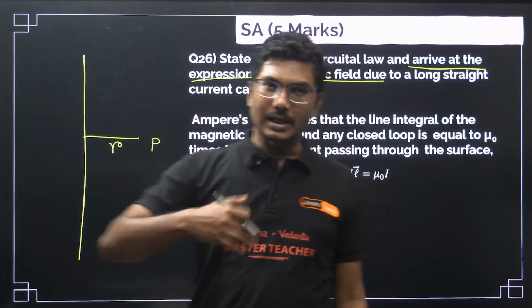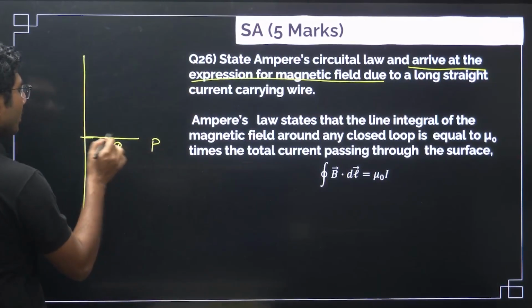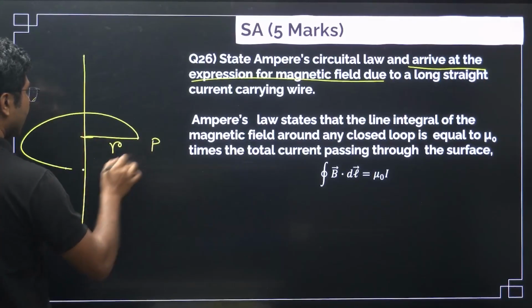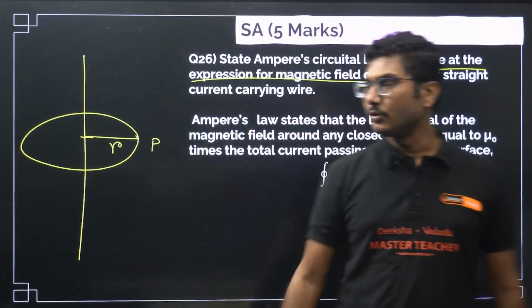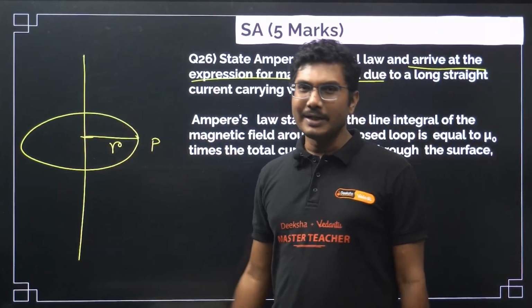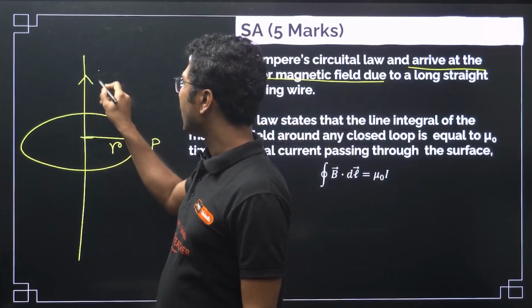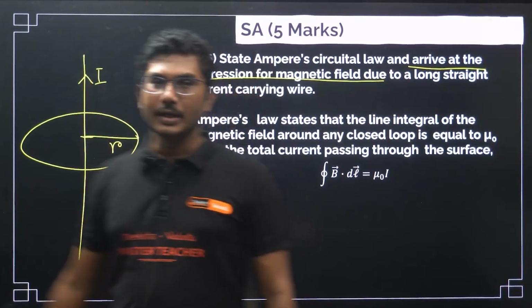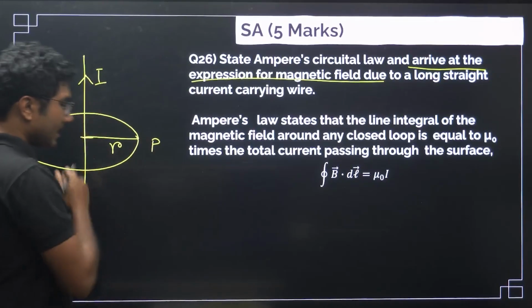Okay. So, a circle is more symmetrical than a square, so we will consider a circular loop of radius r. Try to draw it a little bit better than me in the exam. This is the radius, and the current passing through the wire is I. Now, we will apply Ampere's circuital law for this particular case.